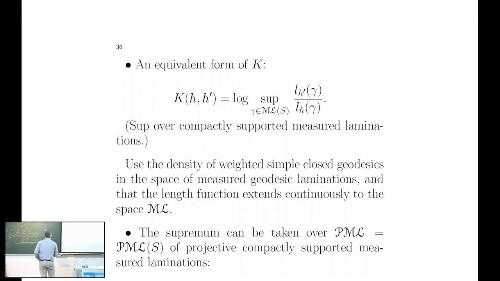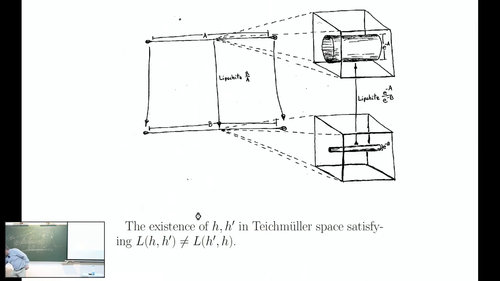We said that on a surface, so this is my surface, we have something which is a geodesic lamination. It's something more complicated than a curve, but constituted by a union of geodesics, which may wander around the surface. Something I didn't say is that the simple closed geodesics... I gave you here a picture from Thurston.